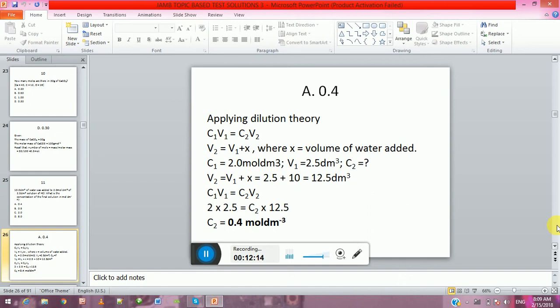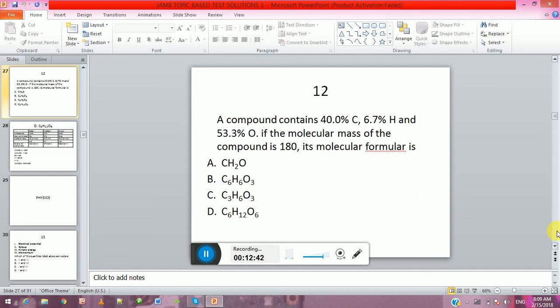So make C2 the subject of the formula. The final volume V2 should be V1 plus the 10 that was added, making it 12.5. So what you're looking for now is C2. You make it the subject of the formula, and you get your answer.